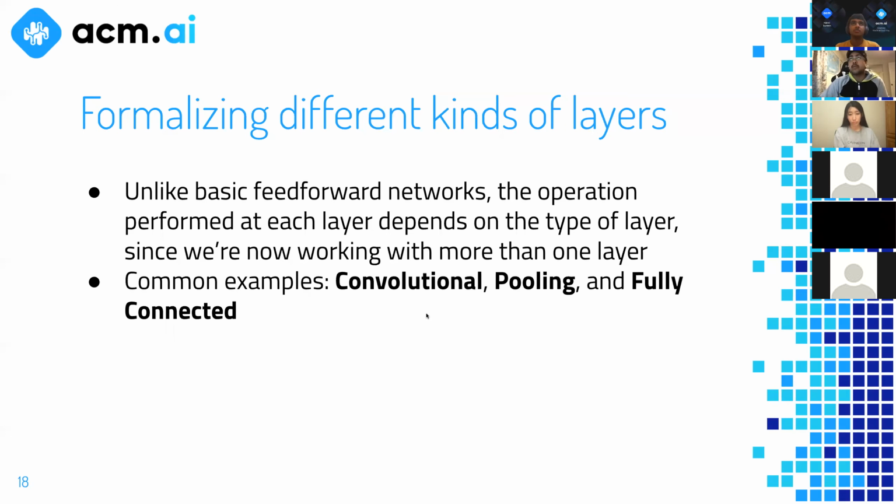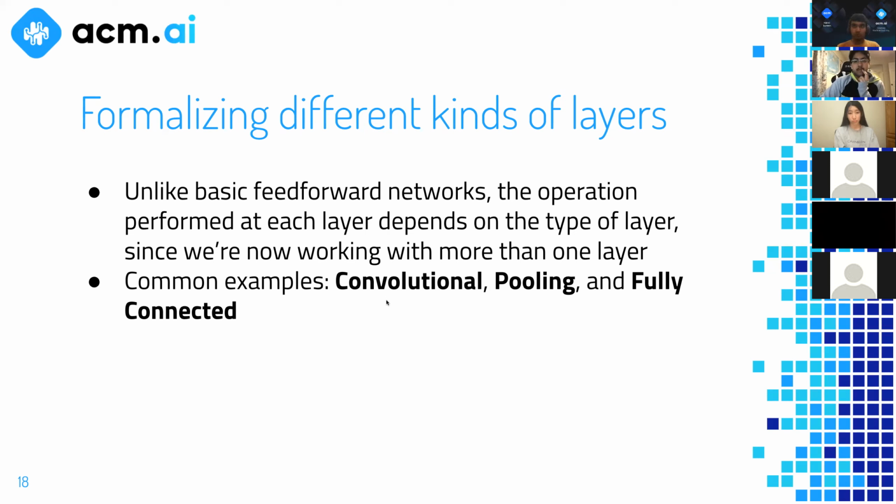Building off of that, we're going to move on to the fact that not all layers are built equal. We saw in that previous slide that we had many different types of layers that all do different things. But before this week, we have only seen one type of layer, which is a fully connected layer.